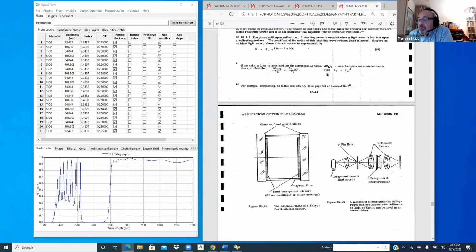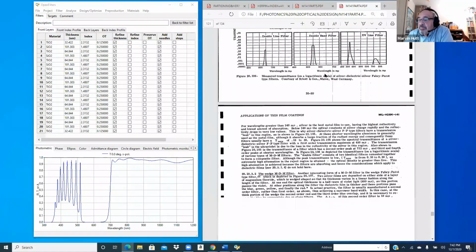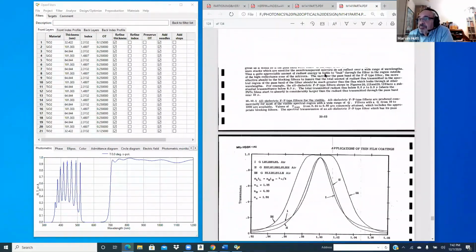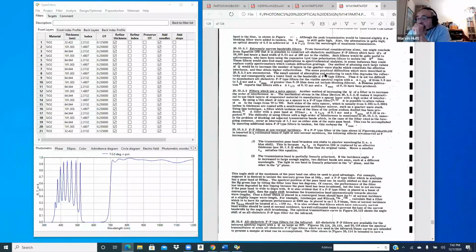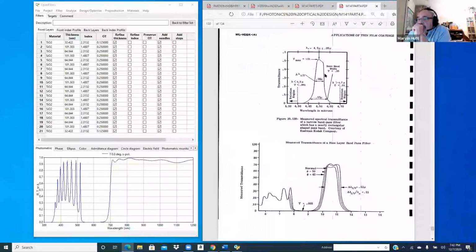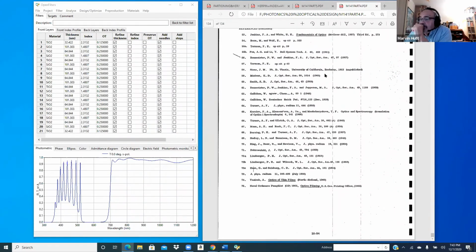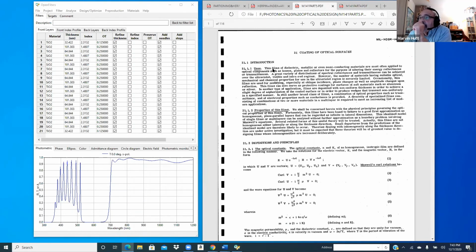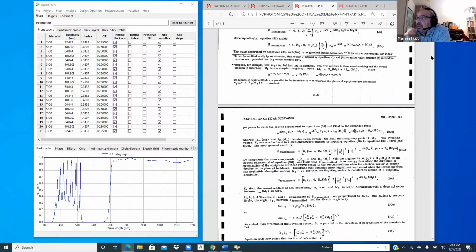Come on, 21. Ooh. 20, that's interference filters. 21, 2173. Oh, wrong one. 2173. It's in here. Sorry about that. Why don't I drag this down?